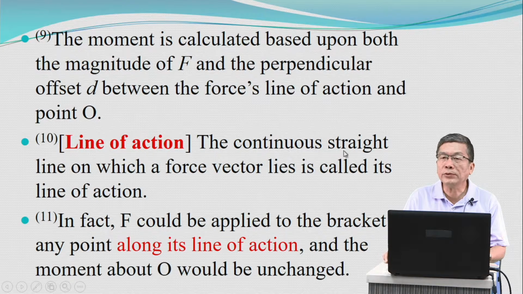The continuous straight line on which a force vector lies is called its line of action. In fact, F could be applied to the bracket at any point along its line of action, and the moment about O would be unchanged.